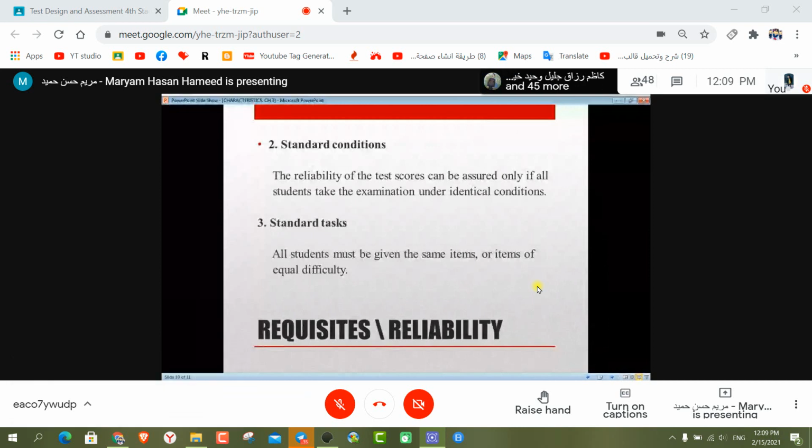Standard task. Standard task also must be given the same items or items of equal difficulty.